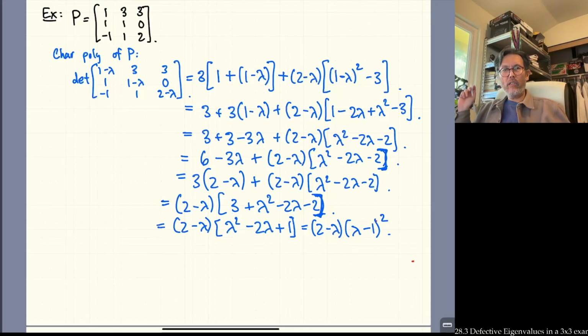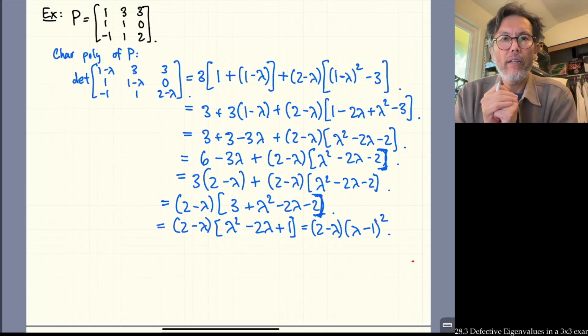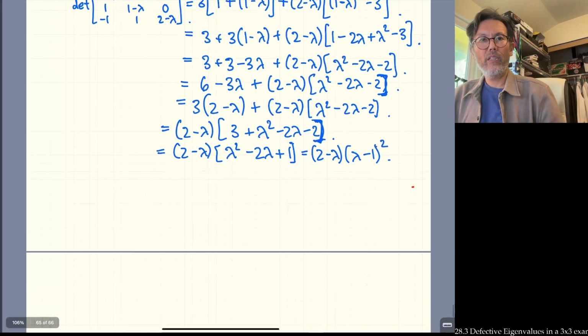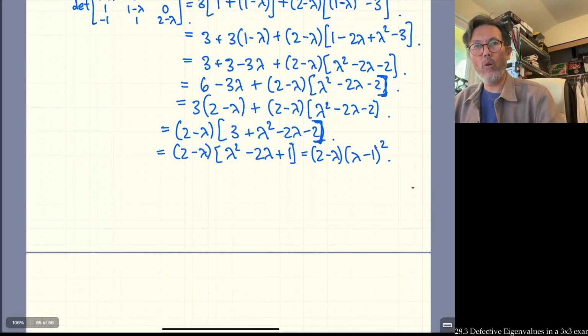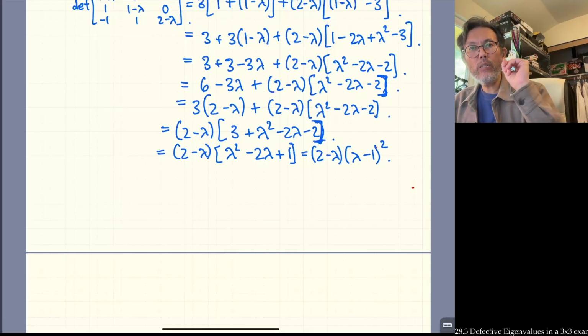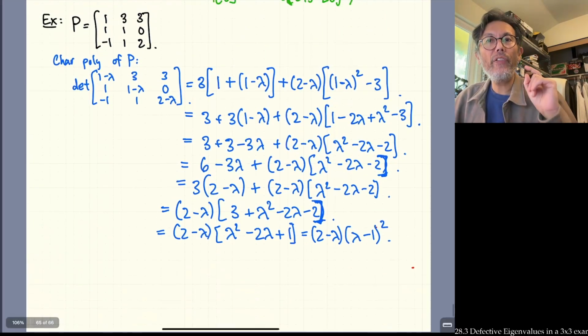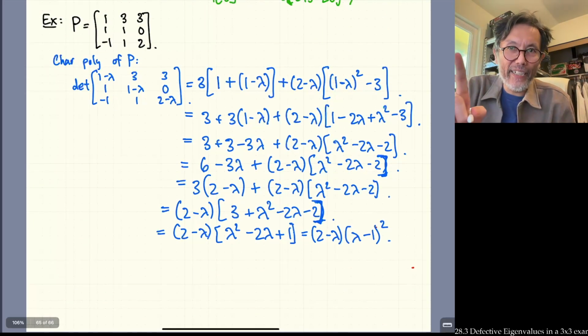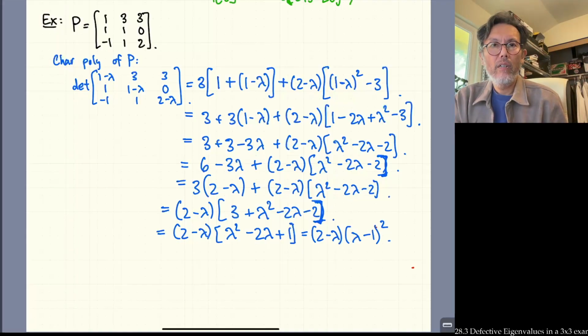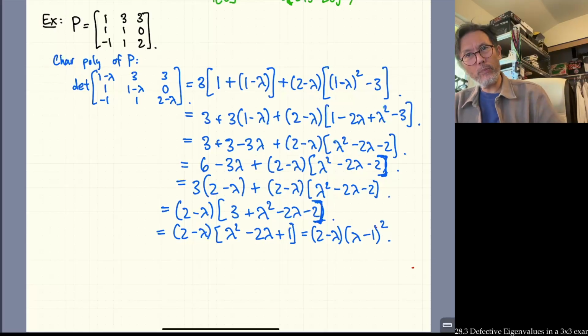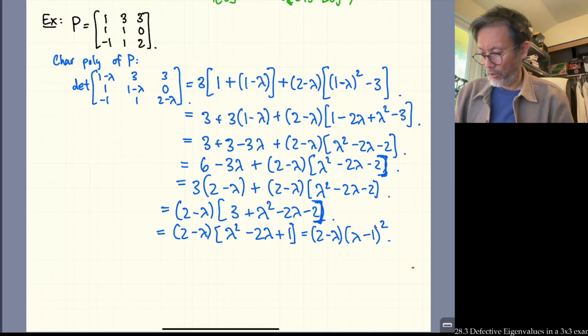You can't answer. But yeah, it's true. So what we see here is we have 2 eigenvalues: lambda equal to 2 and lambda equal to 1. Lambda equal to 2 is an eigenvalue with algebraic multiplicity 1. Lambda equal to 1, however, is an eigenvalue with algebraic multiplicity 2.